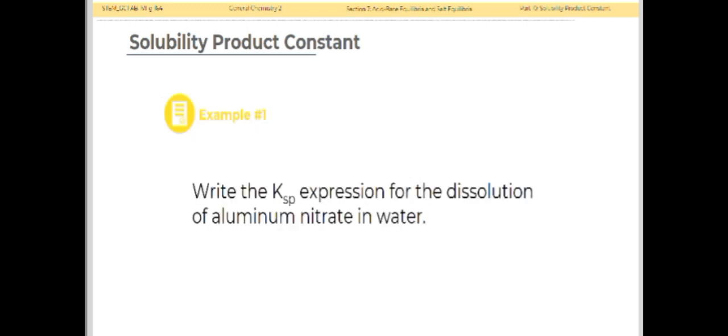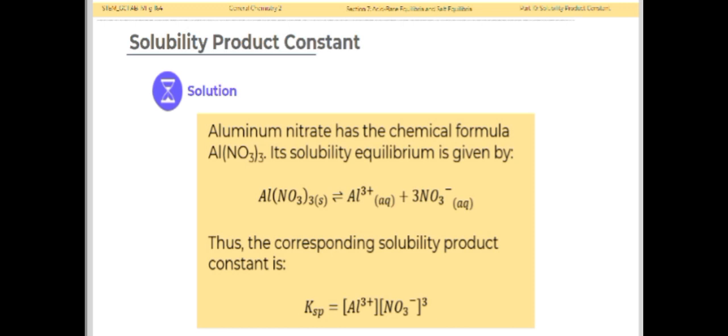Example number 1. Write the Ksp expression for the dissolution of aluminum nitrate in water. Solution. Aluminum nitrate has the chemical formula Al(NO3)3. Its solubility equilibrium is given by the following chemical equation.